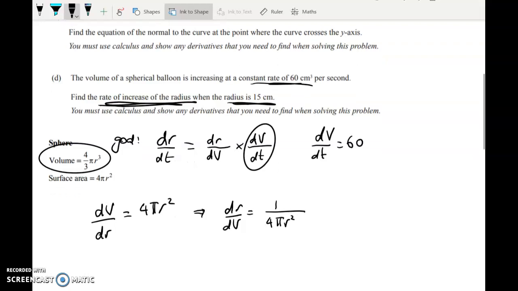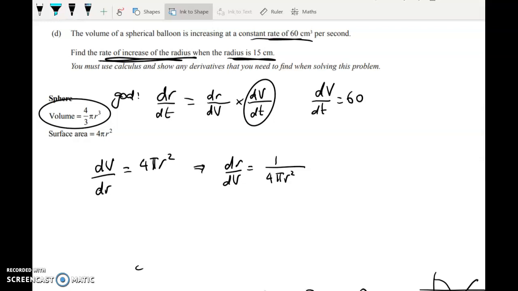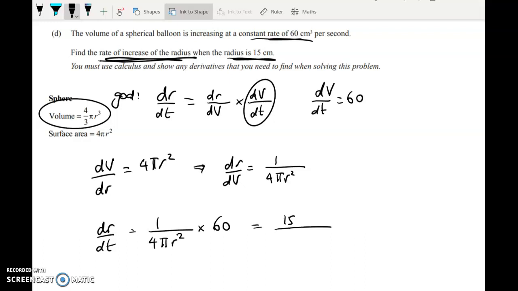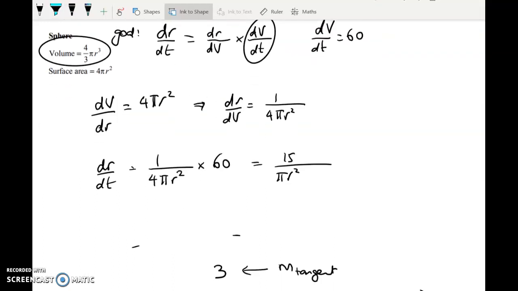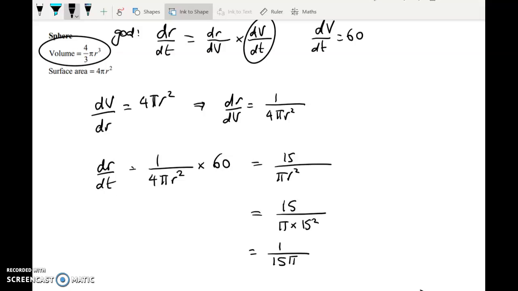So dr by dt, which is what we're looking for, is going to be 1 over 4 pi r squared times 60, which is 15 over pi r squared. But we want to figure this out when r is 15, so we can simplify that even further before we chuck it in our calculator. So 15 over pi times 15 squared, which is just 1 over 15 pi.